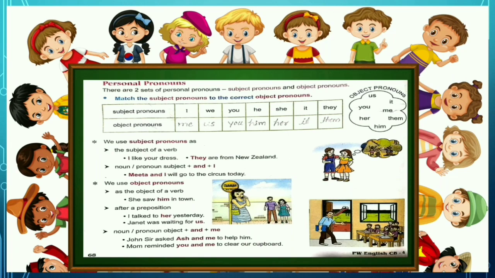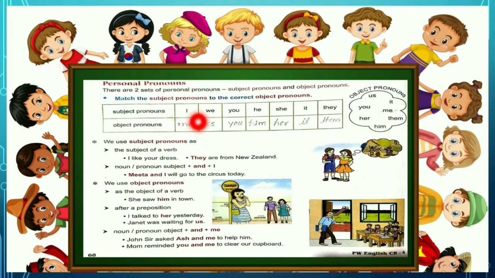And next, pronouns. So children, do you know how many kinds of pronouns there are? Yes, 8 kinds of pronouns, and in 4th standard you learnt the first kind of pronouns, that is personal pronouns. There are 2 sets of personal pronouns, that is subject pronouns and object pronouns.